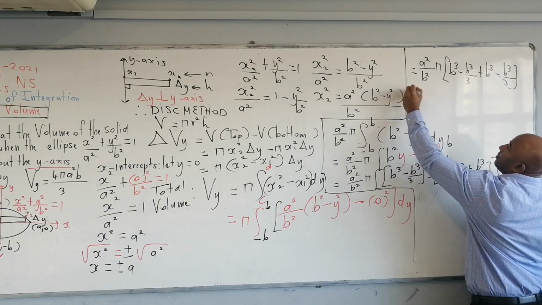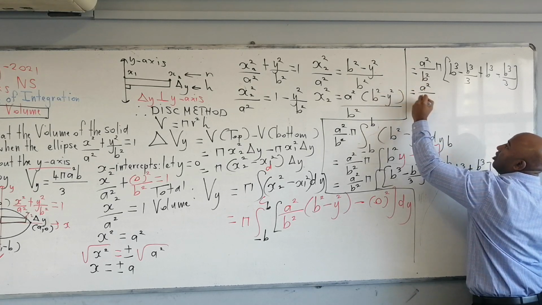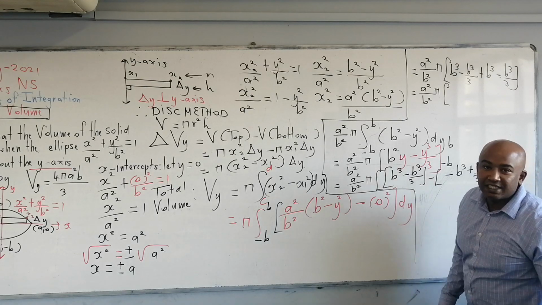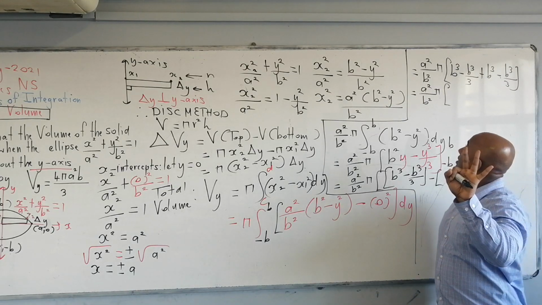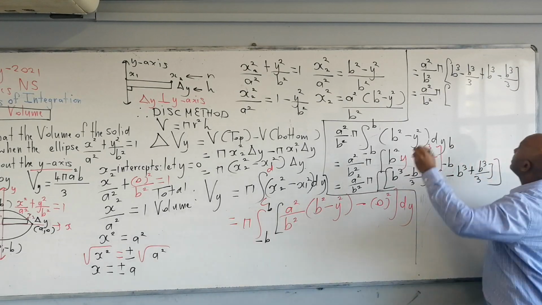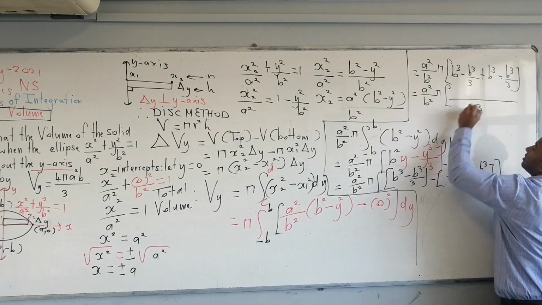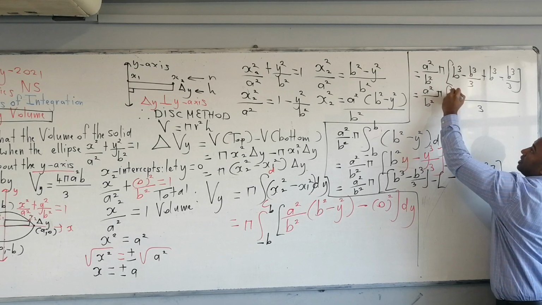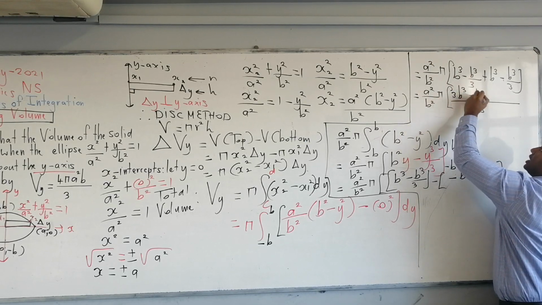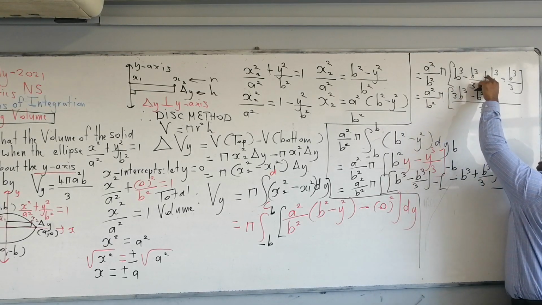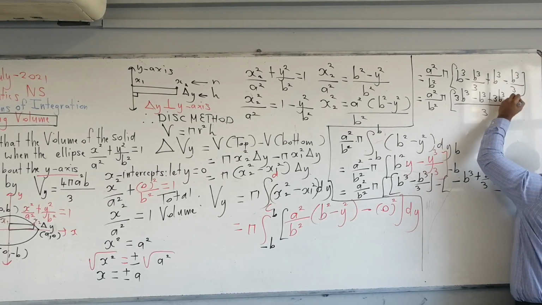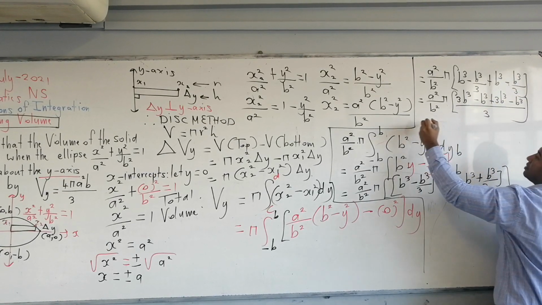Let's add them up. So I've got a squared over b squared pi. Now, I can find an LCD of 3. My LCD will be 3. So what does that mean? I need to multiply by 3. So that's going to be 3b cubed minus b cubed plus, multiply here by 3, 3b cubed, and here by nothing, so that's minus b cubed.